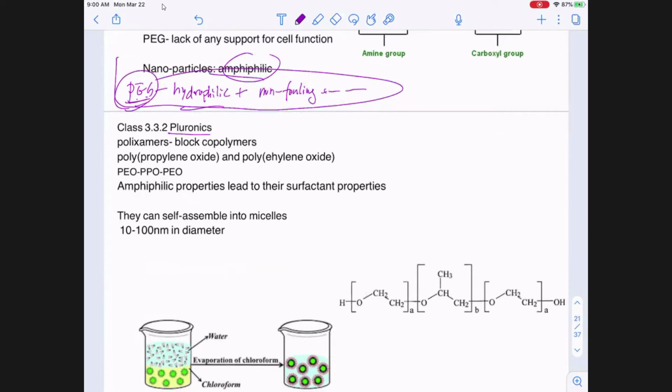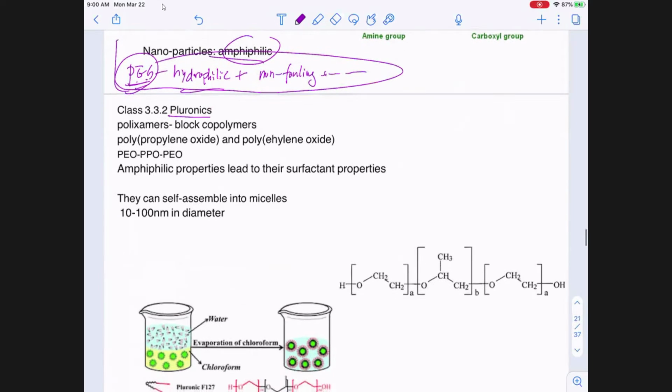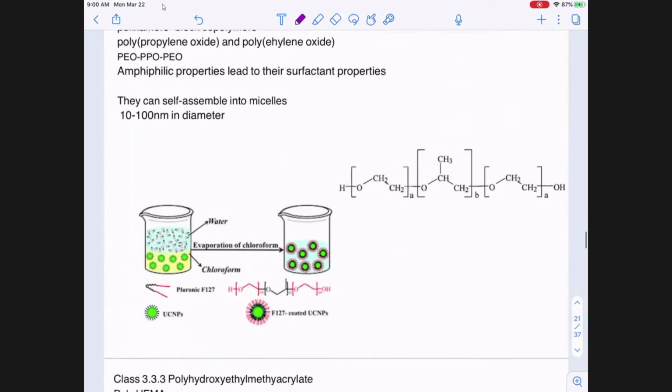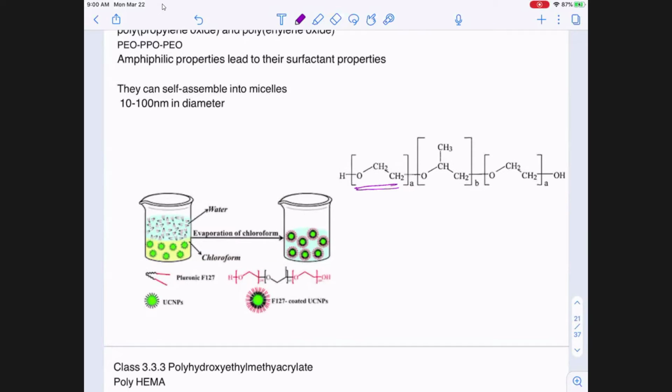And this one is Pluronic, like PPO, PEO. This one is PEG or PEO, whatever, similar name. And this one increases 1 carbon, it is PPO. So this one is hydrophilic. This one, because it introduced a carbon, is hydrophobic.